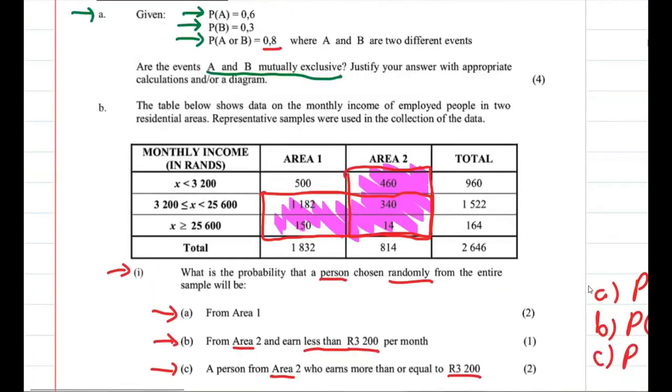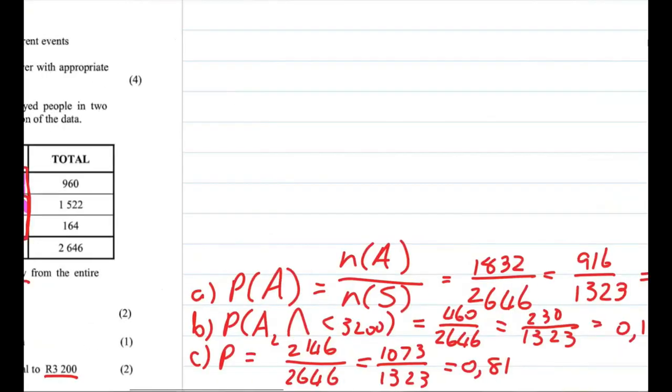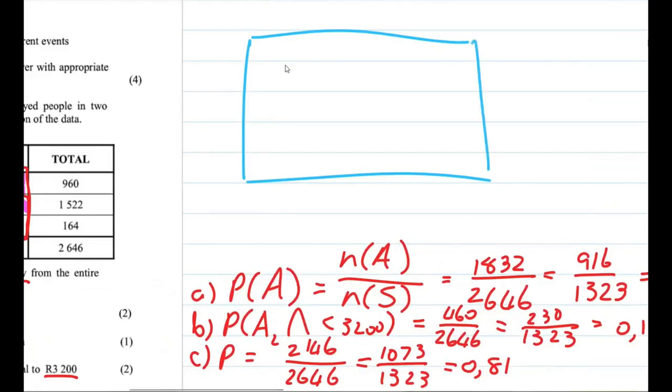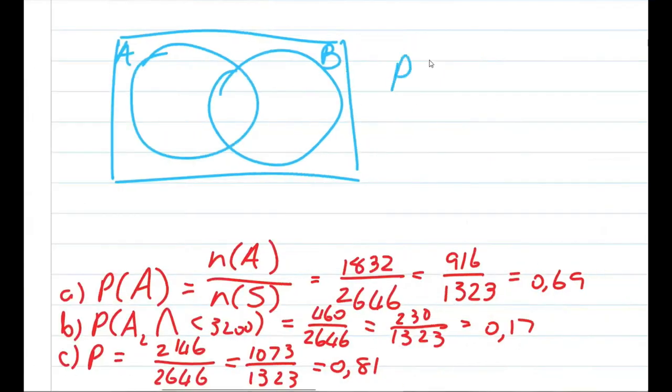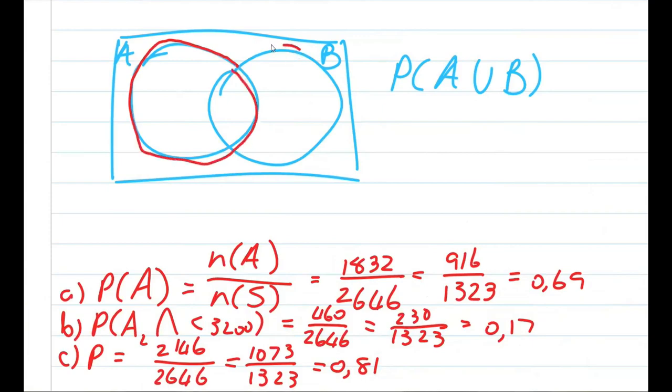It's the same concept as when you have a Venn diagram. Say, for instance, you have a Venn diagram and you've got event A and event B. And I want to know what's the probability of A or B. The probability of A or B will be equal to all of this.